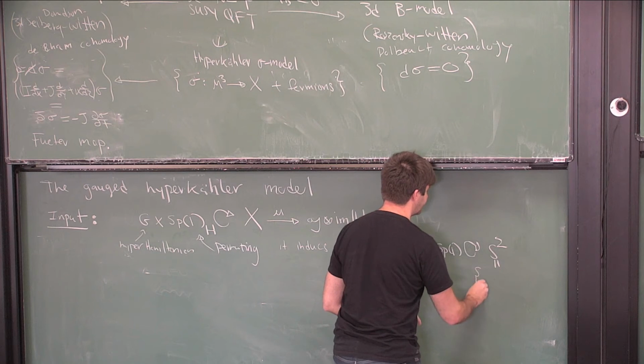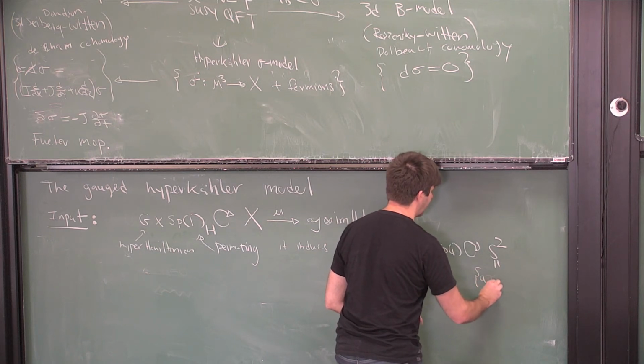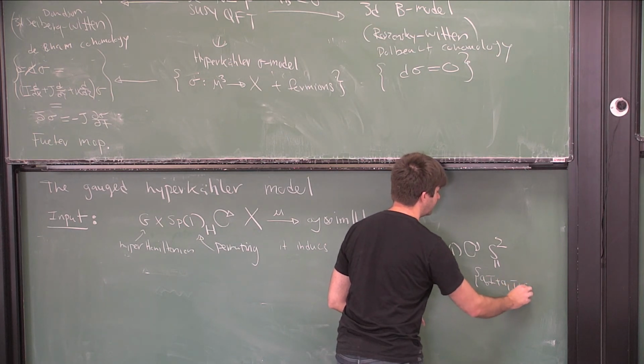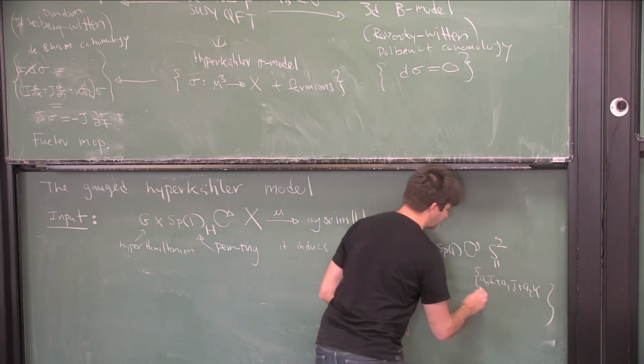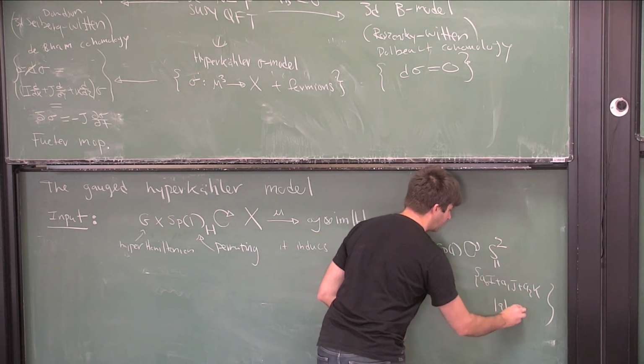So this is the space of complex structures on X. It's like a0 times I plus a1 times J plus a2 times K. And then in order to be a complex structure, the norm of a has to be equal to 1.